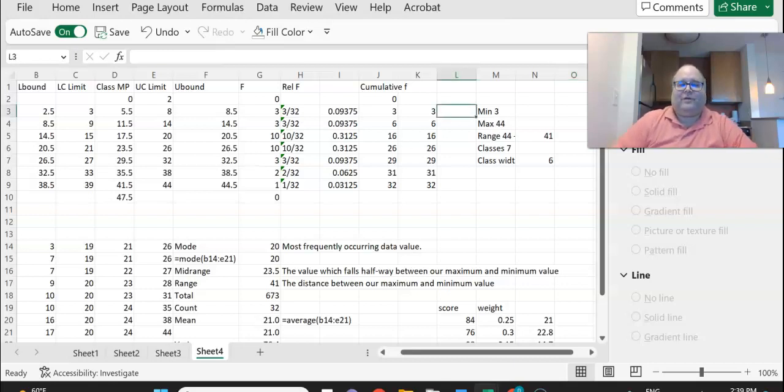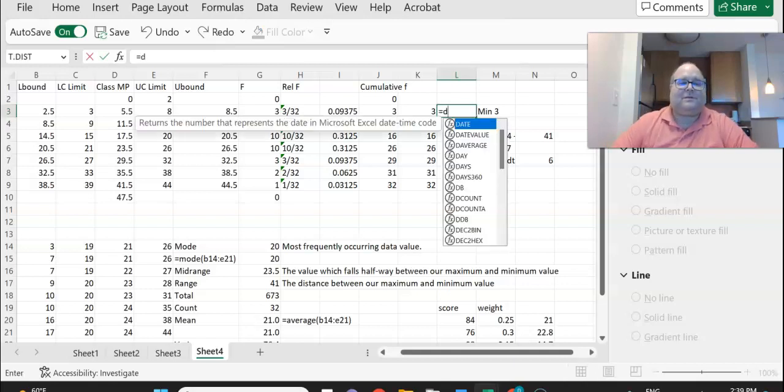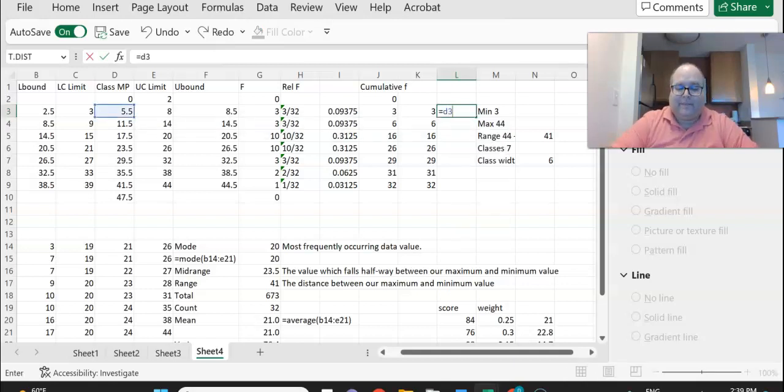So if we do D3 times G3, that gives us a weighted contribution of our first class.